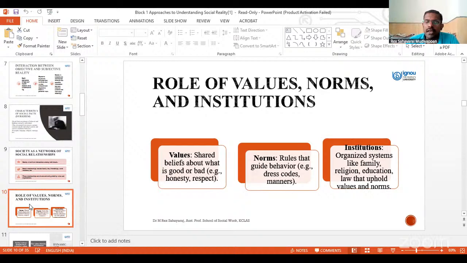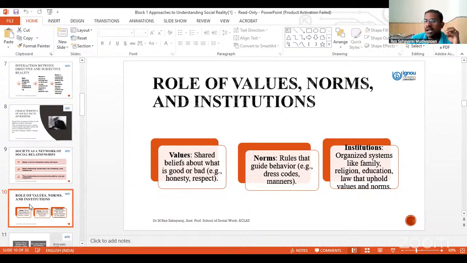You see that in a particular village they follow certain types of norms, which may not be the norms of the villages in the same district or the same state. They have different norms, and the norms even change within the village itself. So norms are rules that guide behavior, how I have to behave in particular circumstances, right?